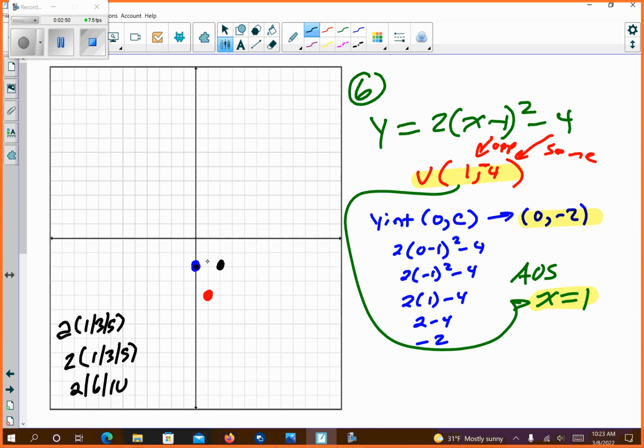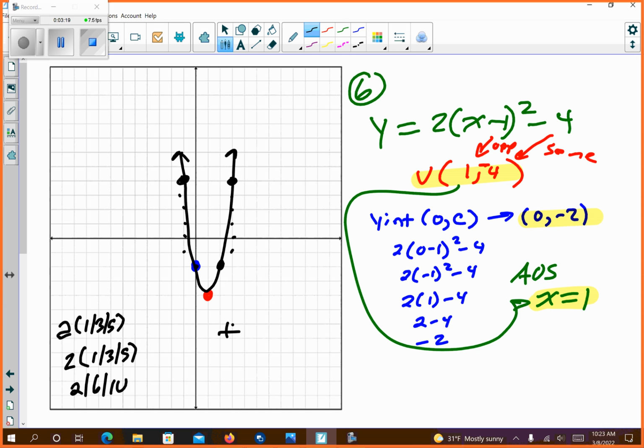Now where people goof up is if I'm going to go right again and up 6, I go right 1. Some of you are going right 6, up 6. No, it's right 1, up 6. And left 1, up 6. Okay, so there's my parabola. So just watch out on that.